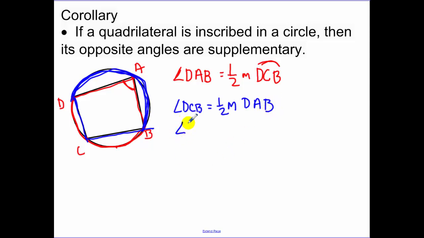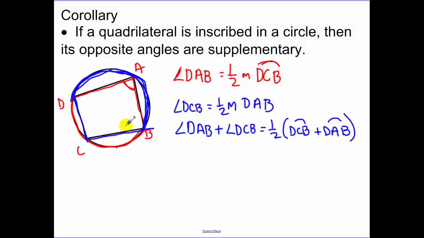So angle DAB plus angle DCB is equal to half the sum of arcs DCB and DAB.